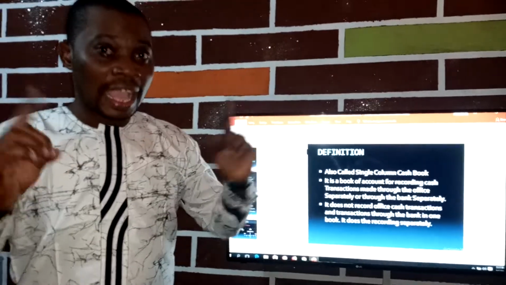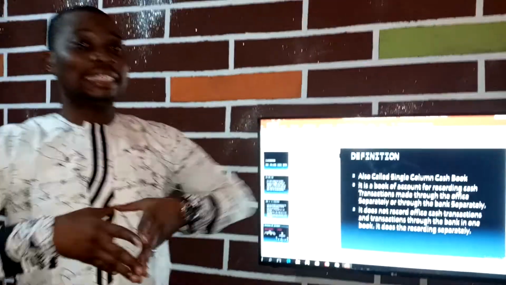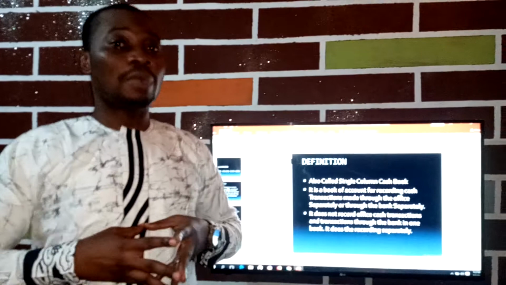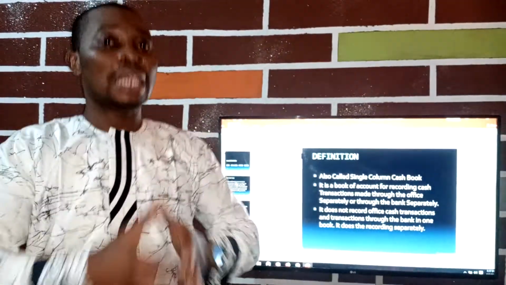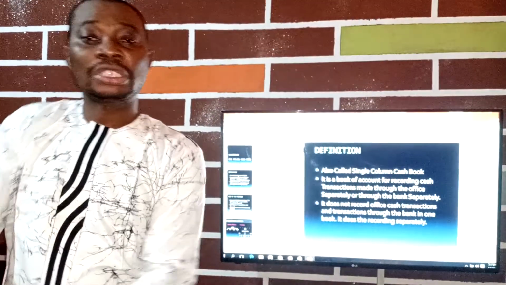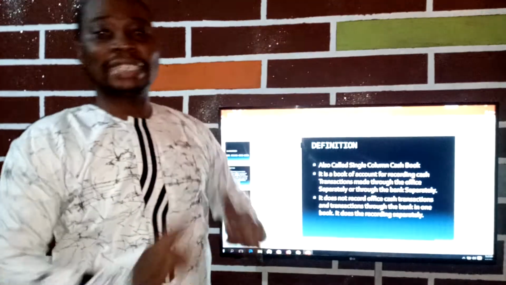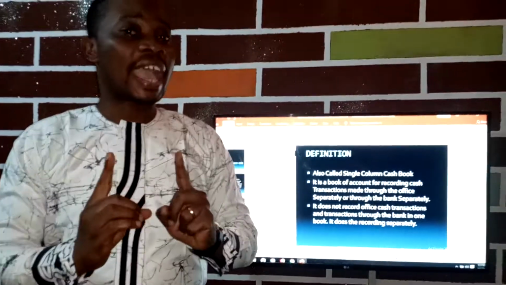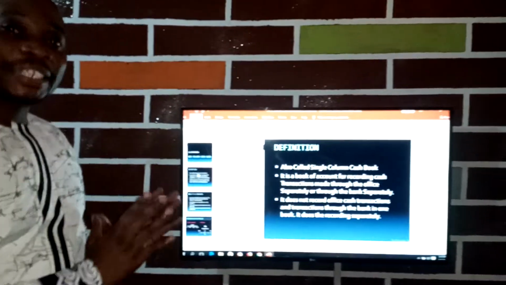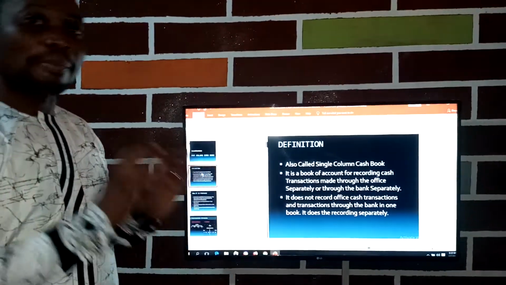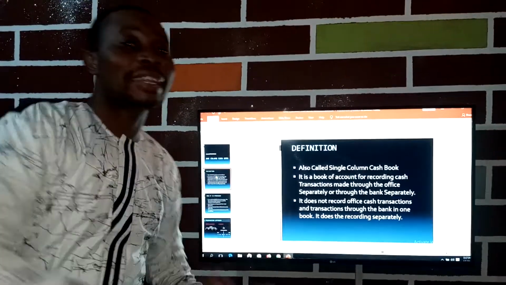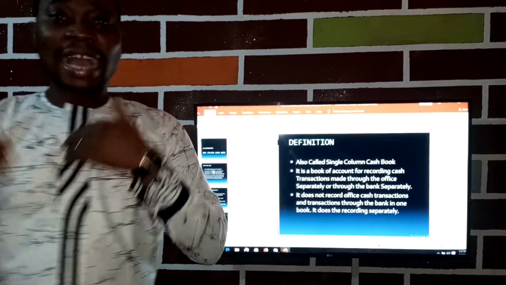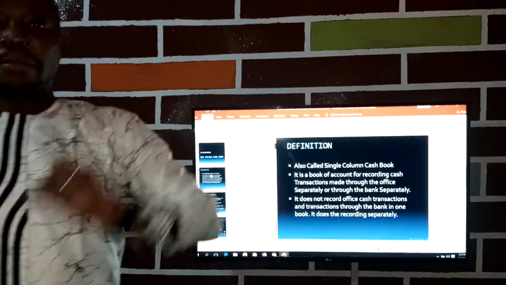Remember, I said that in some organizations they are able to differentiate between minor transactions and major transactions, and what we are talking about here is what? Major transactions. The minor transactions are recorded in the petty cash book, and that we will talk about later. Talking about what?